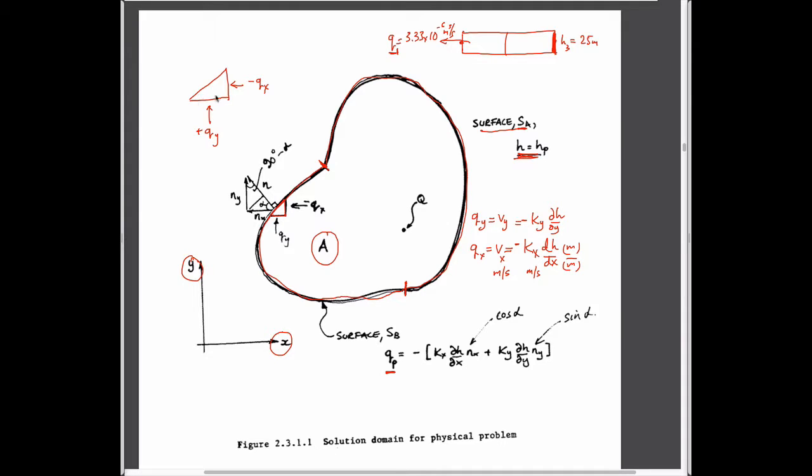And if there's no net accumulation in here, the amount of flux that comes out of here has to equal these two amounts. So we can take the components and write this in terms of the normal to the boundary vector. We take this velocity and look at the dot product with the normal to the boundary vector.